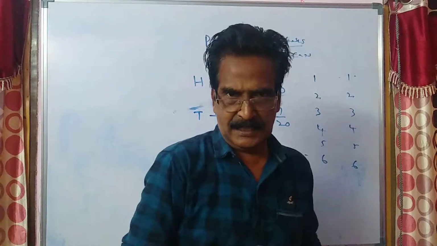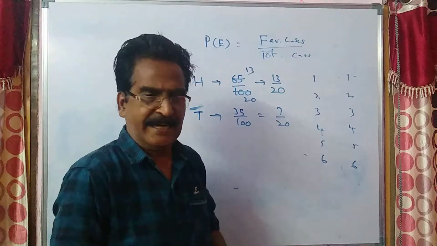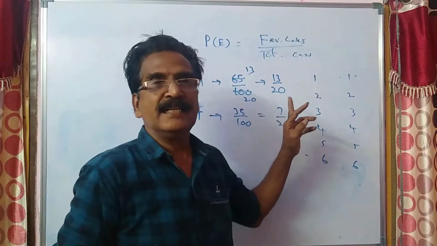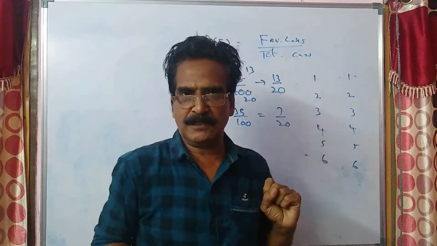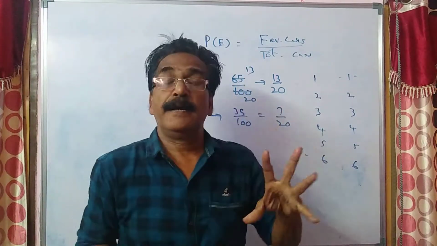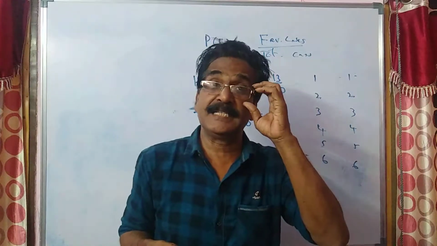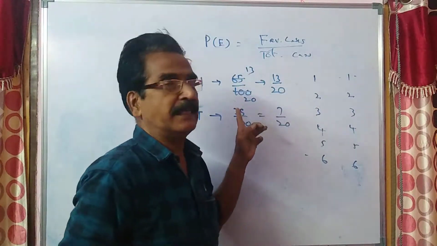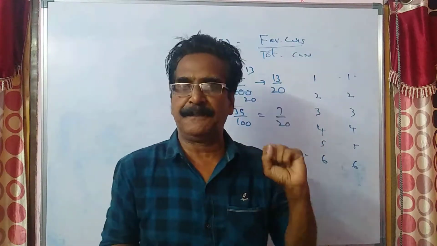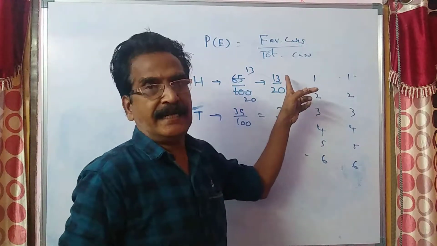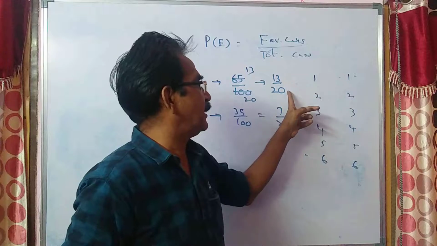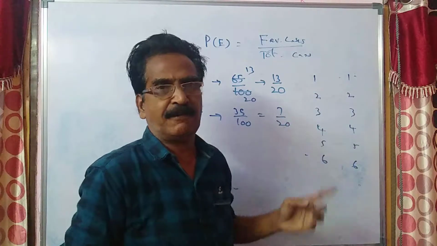This is the probability of falling head and falling tail. This coin, head appears in 65% of the cases. In the remaining 35% of the cases tail appears. So the probability of falling head is 13 by 20 and falling tail is 7 by 20.